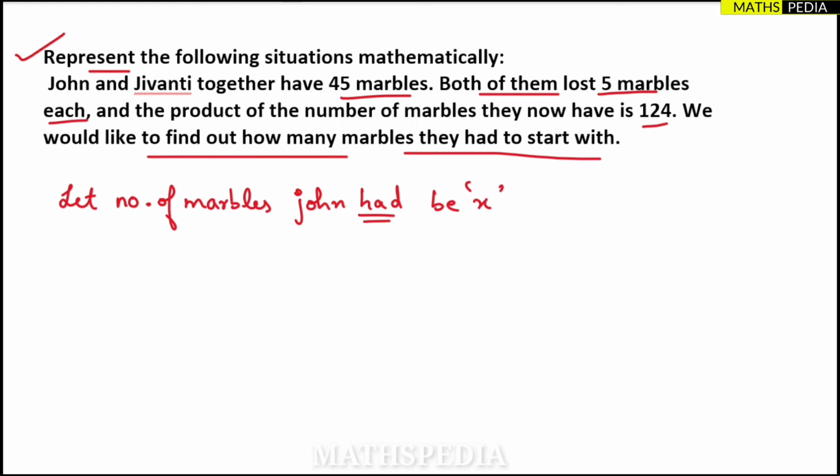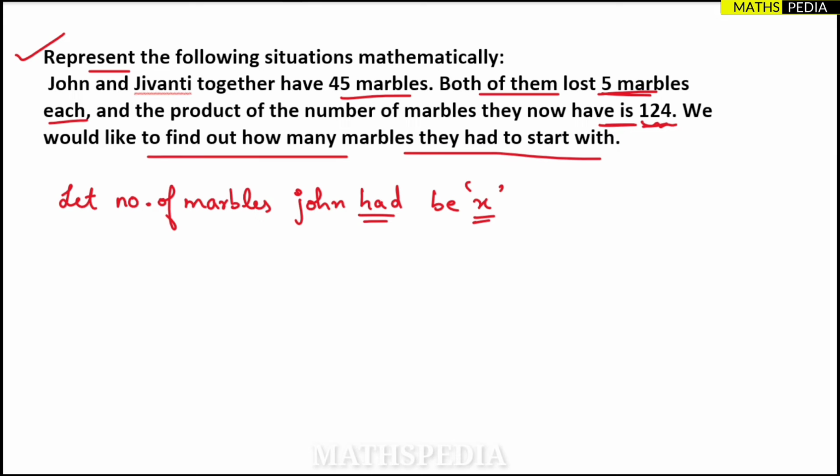John had, because they are asking about the past, right? Because they have lost 5 marbles, after that they have made this statement. So with this statement we understand that they are basically asking how many marbles they had at the starting. So it is nothing but x at the starting.